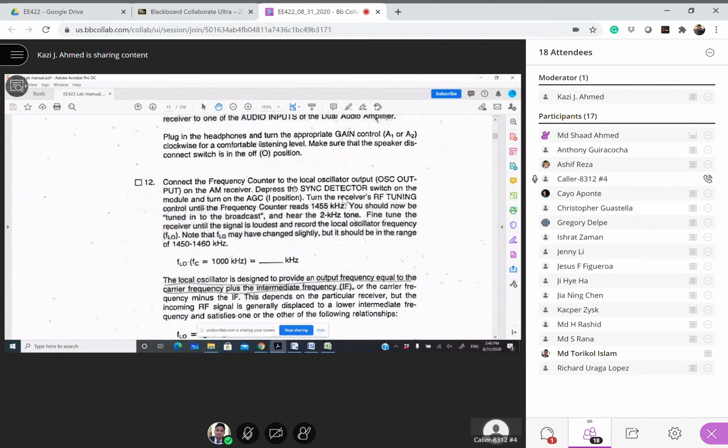Connect the frequency counter to the local oscillator output of the AM receiver. Depress the detector switch on the module and turn the AGC one position. Turn the receiver tuning control until the frequency counter reads 1455 kilohertz.